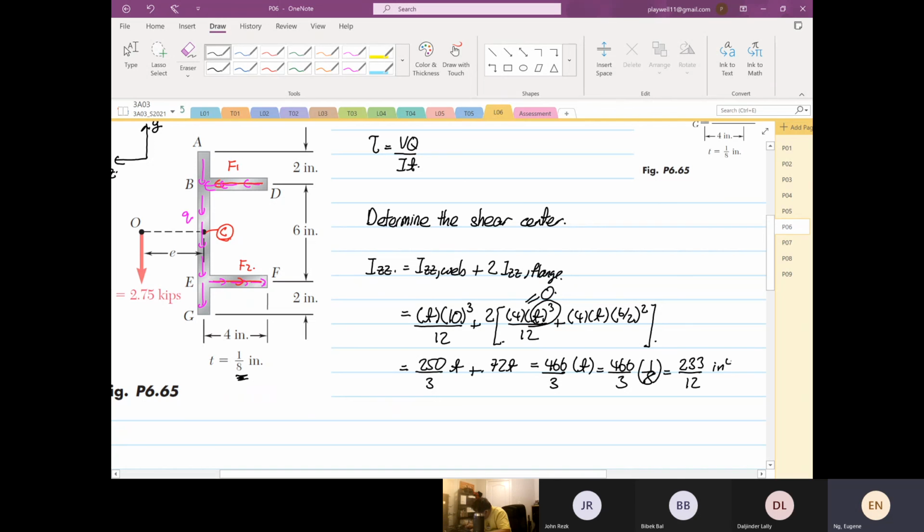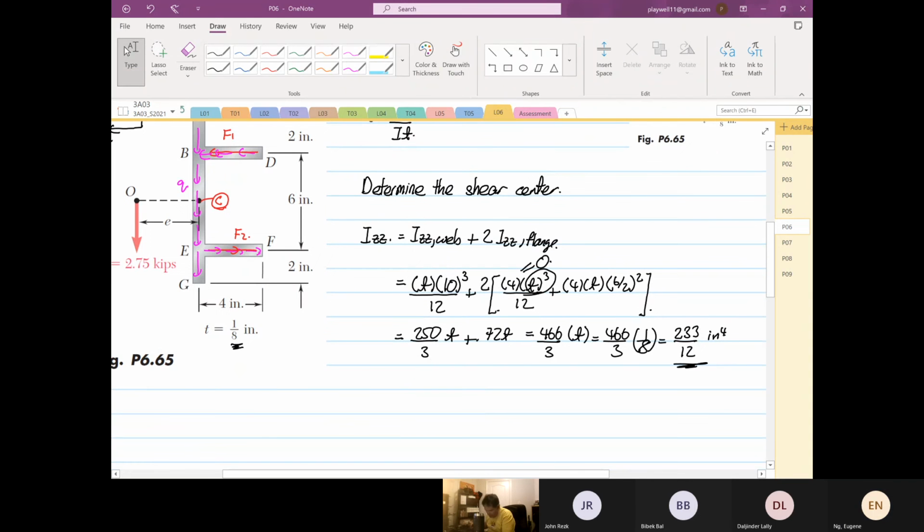So this is inches to the power 4. So we found our I. Like what we have before, we know that F1 is equal to F2.